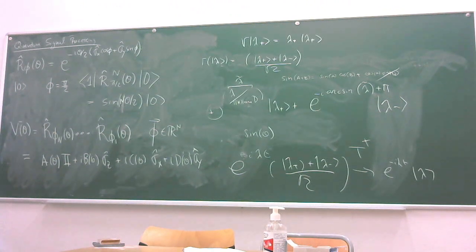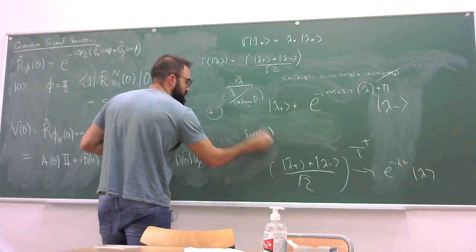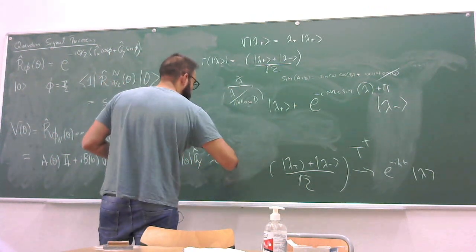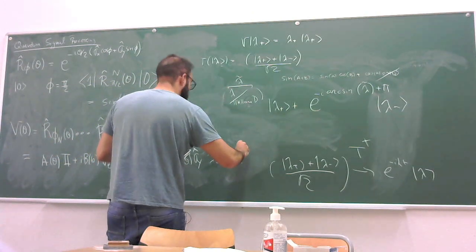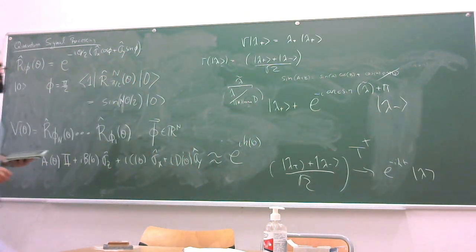So now the thing is the following one. How can we use this here to be able to reconstruct the operation that we want to implement? So basically, we want this to roughly approximate the function that we want to implement into the phases.